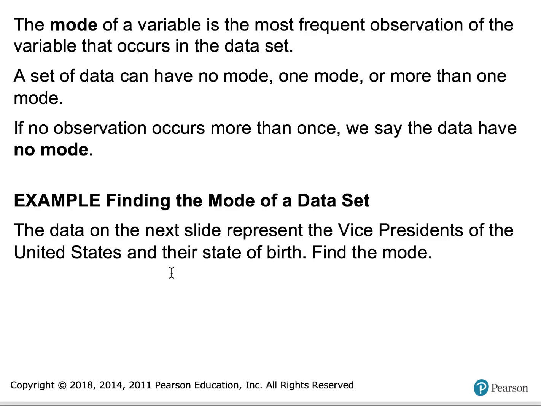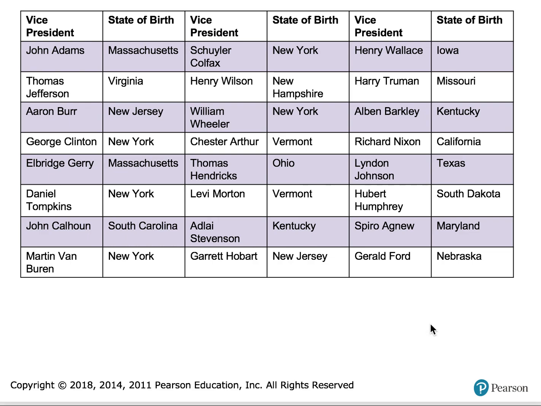Okay, the data on the next slide represent the vice presidents of the United States and their state of birth. And it's asked us to find the mode. And I believe it takes 2 slides to get this all in.